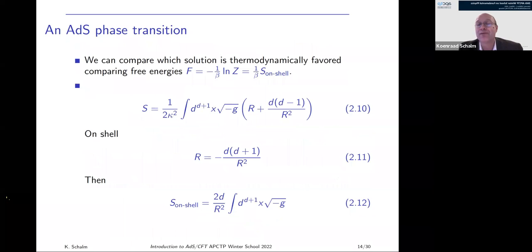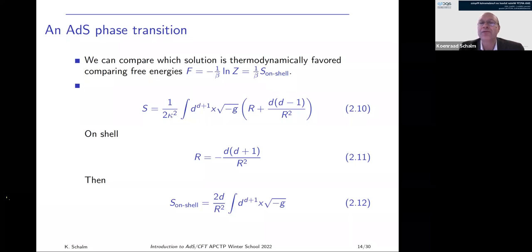In quantum statistical mechanics, we know exactly what the free energy is: minus 1 over beta times the log of the partition function. Now we can use AdS/CFT because we know the partition function of the CFT in terms of the action, in the semi-classical saddle point limit where g squared Yang-Mills and C is large. That's just 1 over beta times the on-shell action.